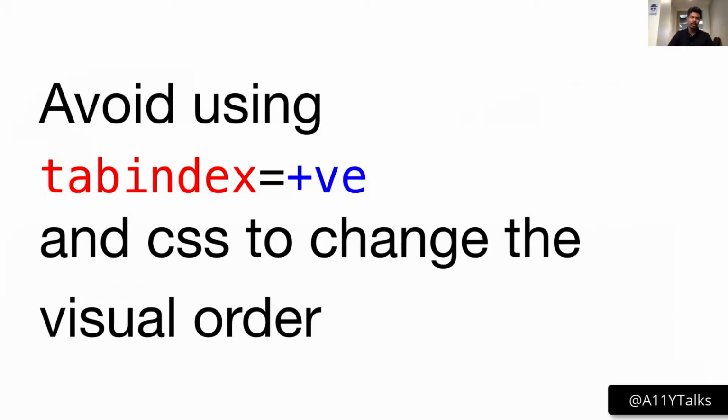Oftentimes we use float, or flex order, which is a pretty new thing, and it changes the visual order but not the DOM order. So if we want deterministic tab navigation, we must rely on the DOM order for the visual and the tab order.